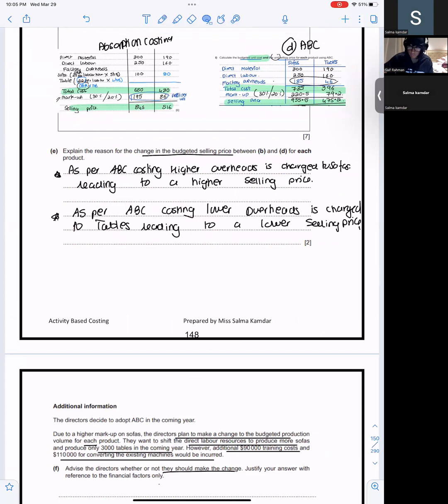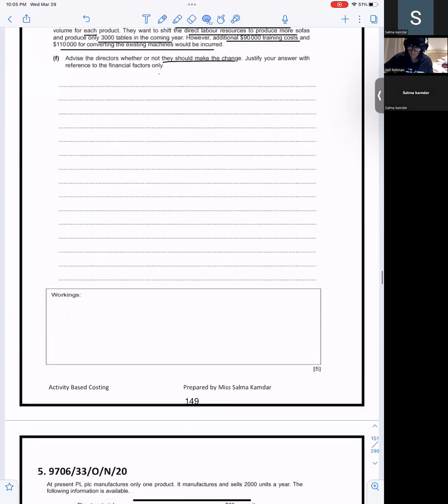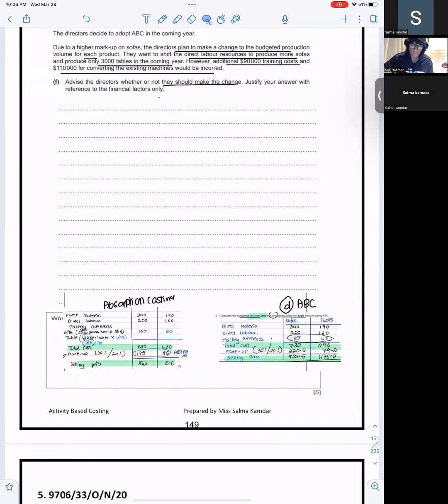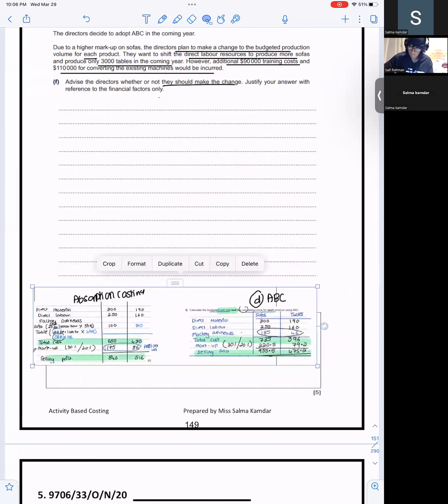The directors were initially producing 2000 sofas. They want to now use ABC costing, and instead of producing 2000 sofas, they want to produce 3,000 sofas. They want to produce more sofas, but they want to produce only 3000 tables instead of 5000 tables.